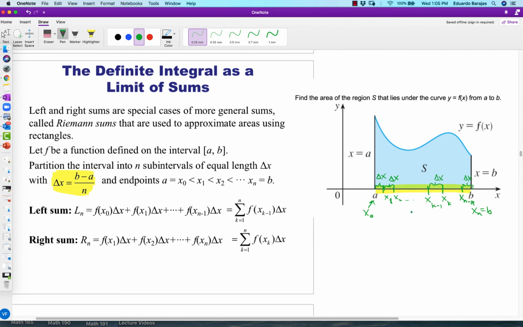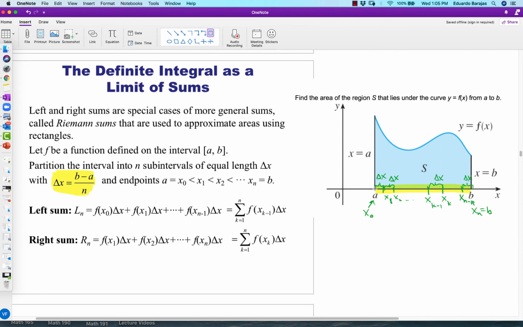Okay, so now if we're using the left-hand rule, that first rectangle that goes right over here is going to have a height established by the leftmost point, which is going to be f of x sub naught. So let's insert a rectangle there.